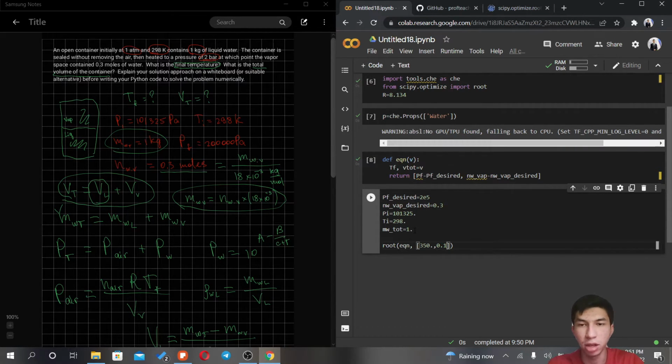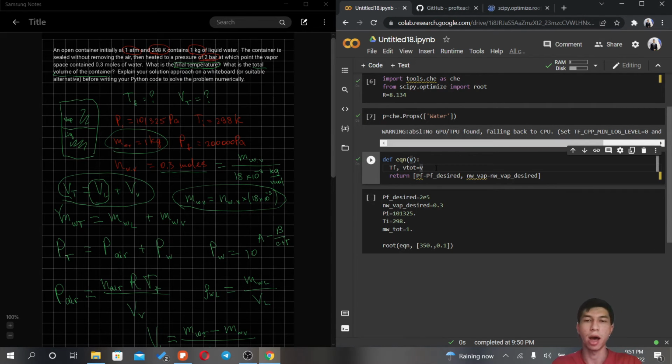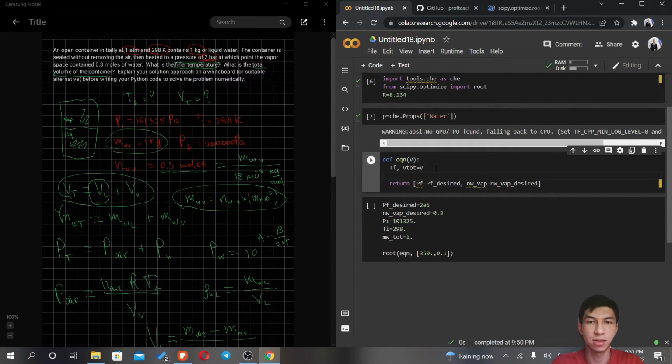So if our guesses are too far from the original answer, we're going to get an error message. So we might rerun the root solver several times until we solve the real equation. So this is why our guesses matter here.